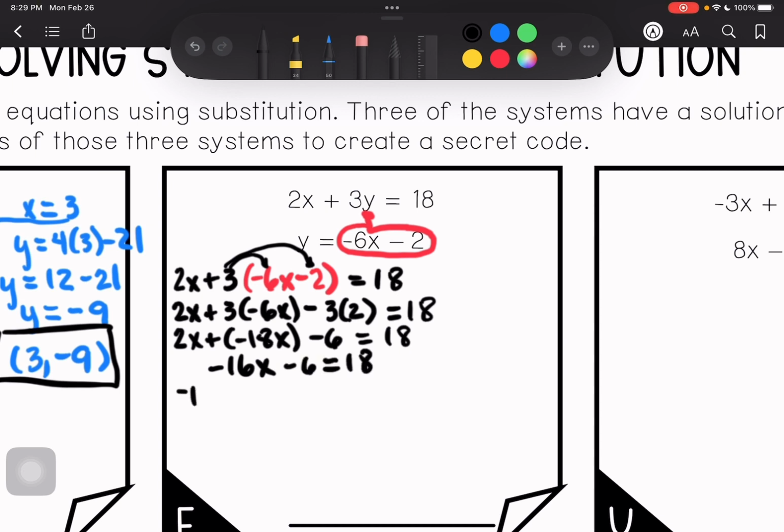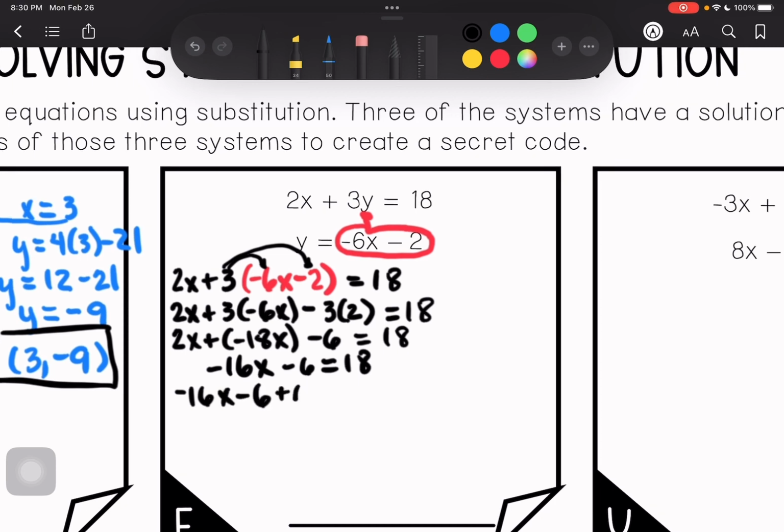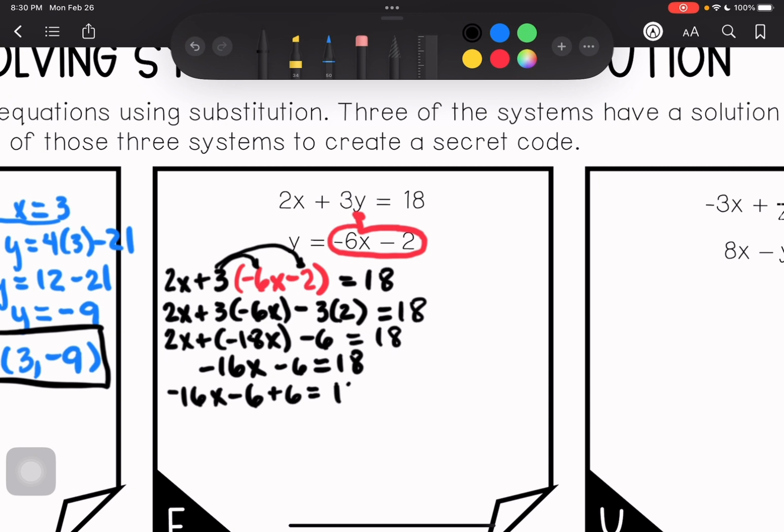We want to add 6 to both sides so that we can isolate that variable. So that gives me negative 16x. A negative 6 and a positive 6 cancels out. And 18 plus 6 is 24. So we want to divide both sides by negative 16.